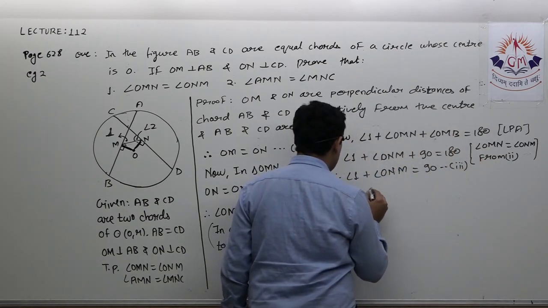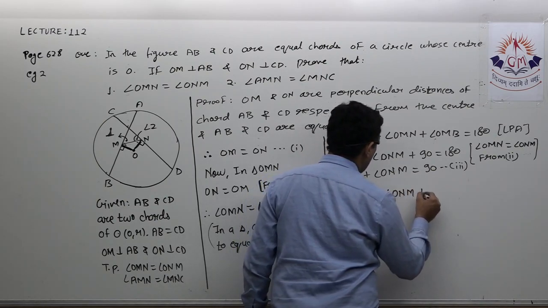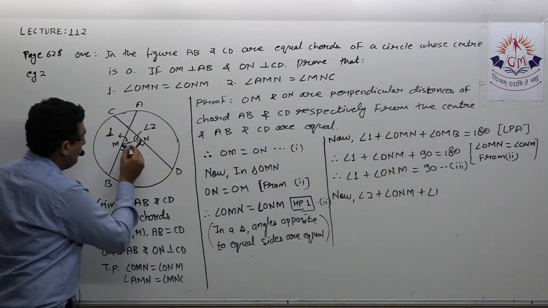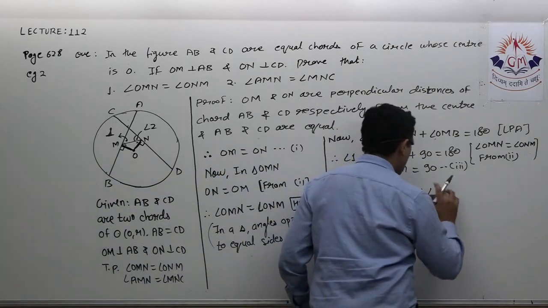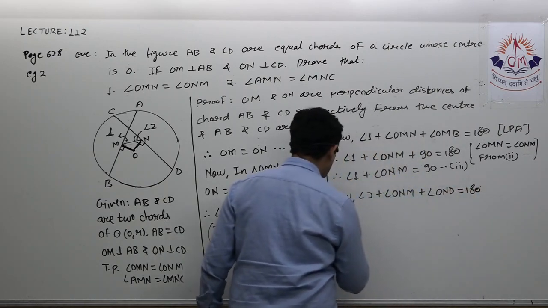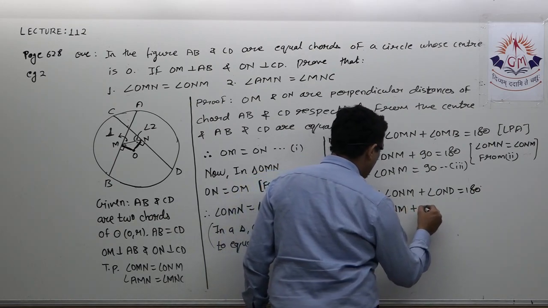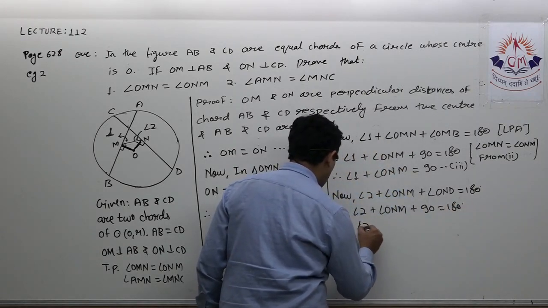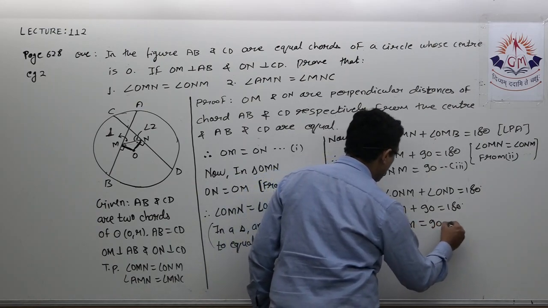Now again, angle 2 plus angle ONM plus angle OND is equal to 180. So here I will get angle 2 plus angle ONM plus 90 is equal to 180. So angle 2 plus angle ONM is equal to 90.